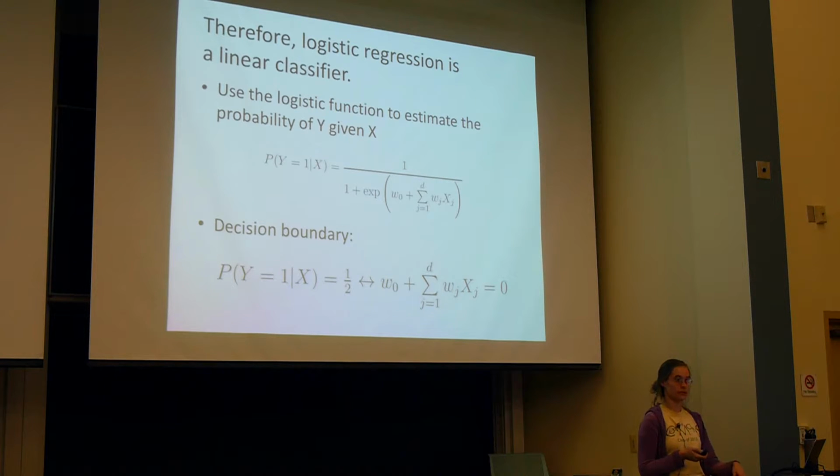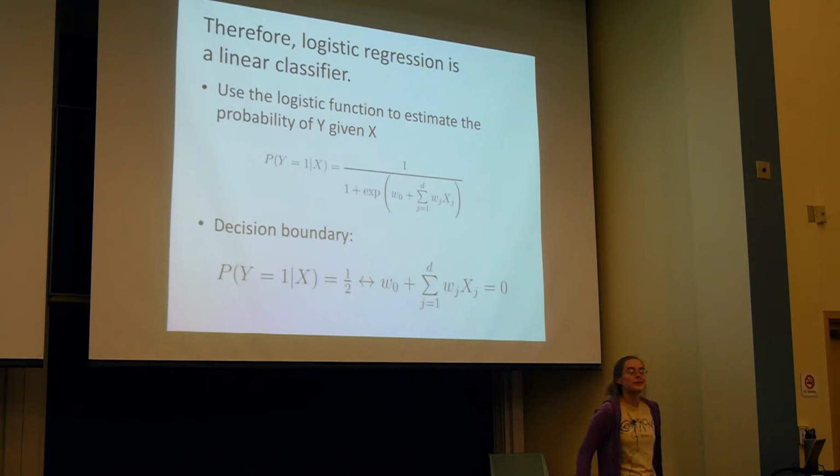So we want to figure out how we can calculate these weights from the data. Before I switch to the next slide, does anyone want to say how we're going to formulate this problem to determine what this optimal set of weights is?